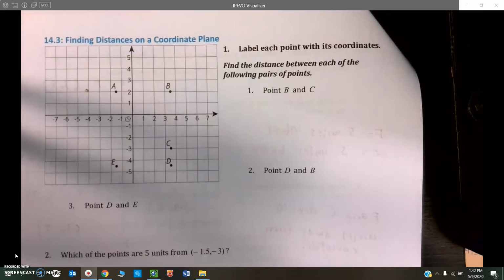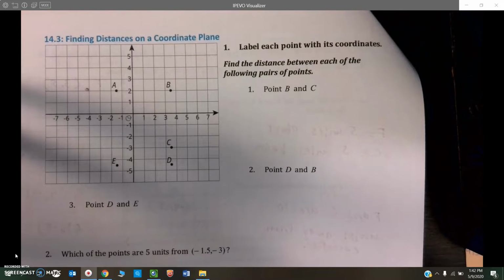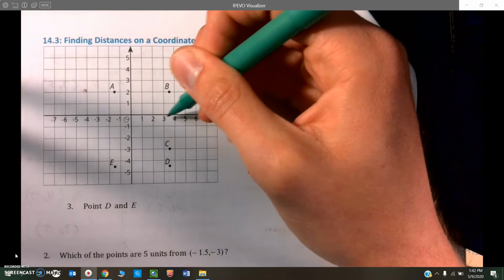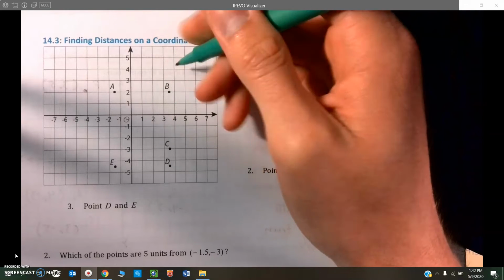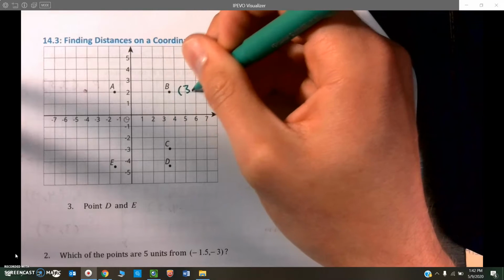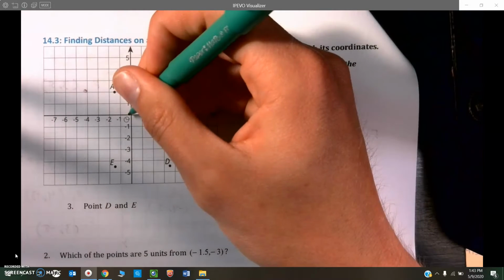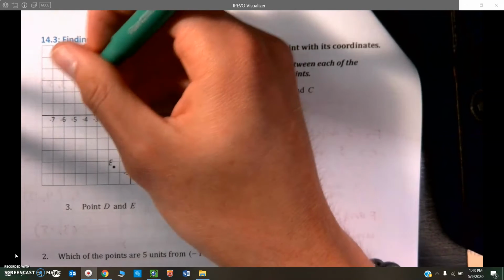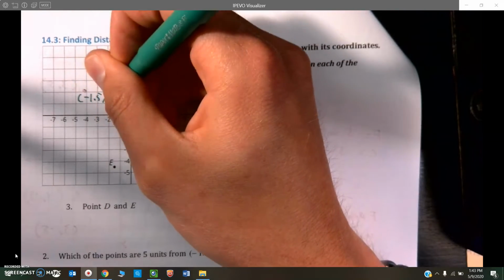Alright. Finding distances on the coordinate plane. So first we need to label each point with its coordinates. So B looks like it is 3.5 over and 2 up, so (3.5, 2). A looks like it is back 1.5 and up 2, so A is (-1.5, 2).